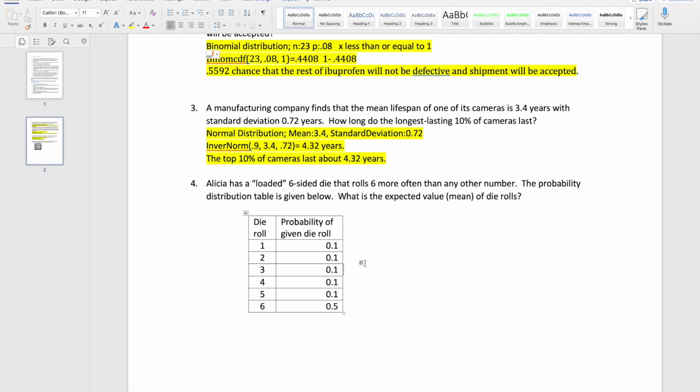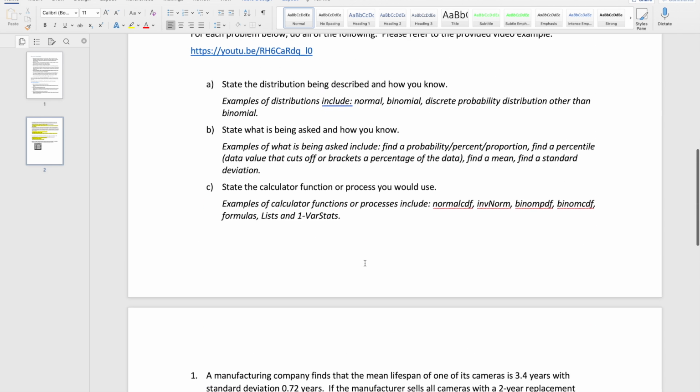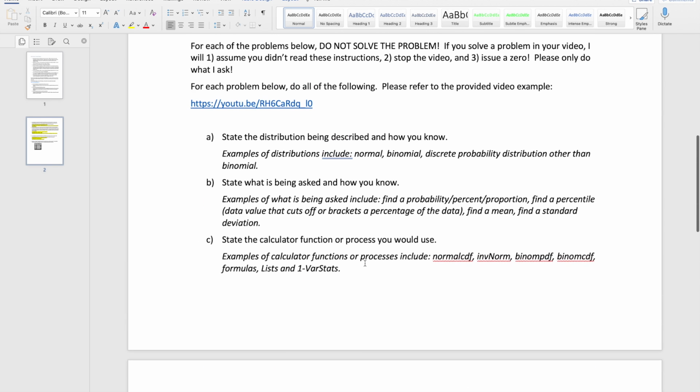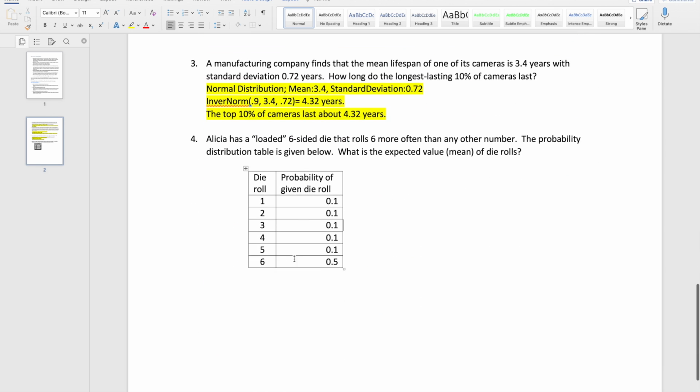Okay, so Alicia has loaded a 6-sided die that rolls 6 more often than another number. The probability distribution table is given below. What is the expected value mean of die rolls? Okay, so we're looking for a mean. This is not quite a standard normal distribution because our number 6 has a higher probability than the rest.